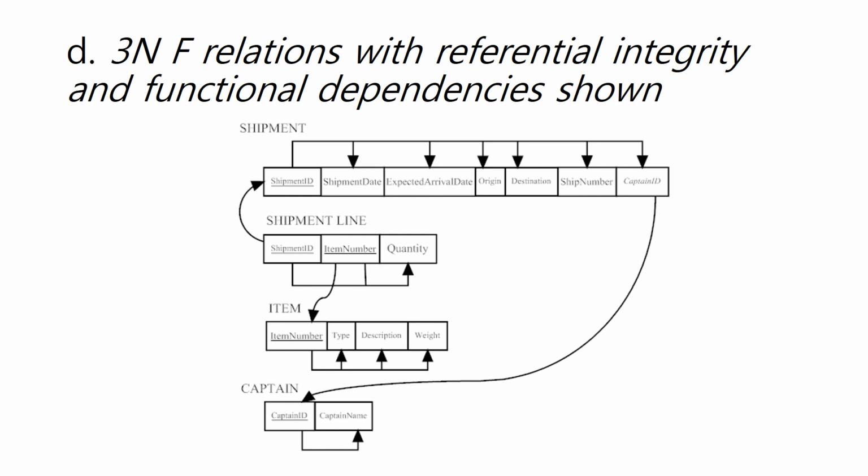Also there must be referential integrity between item number in the shipment line table and item number in the item table. And also between captain ID in the shipment table and captain ID in the captain table.